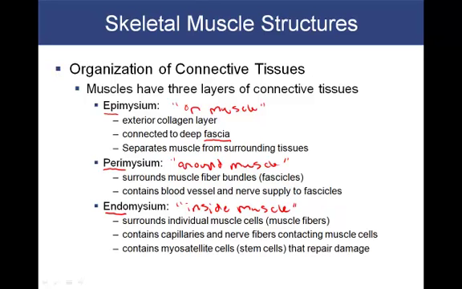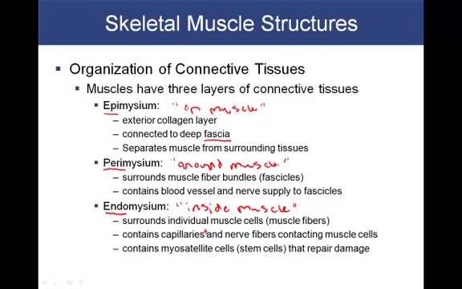And the endomysium is a connective tissue that will surround the individual muscle cells. The endomysium contains the capillaries, the smallest type of blood vessel, as well as the nerve fibers that come into contact with the muscle cells.